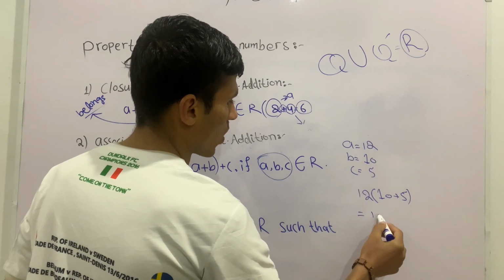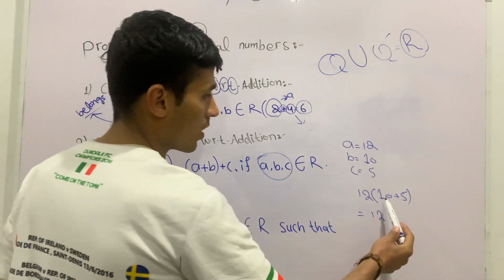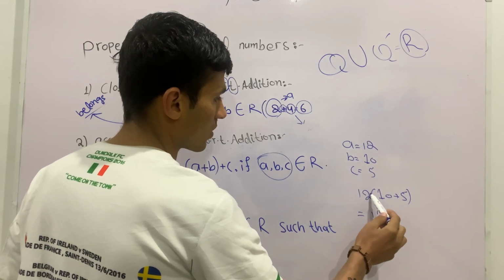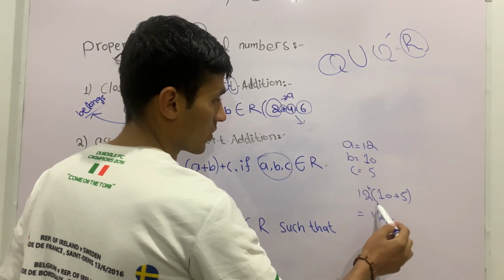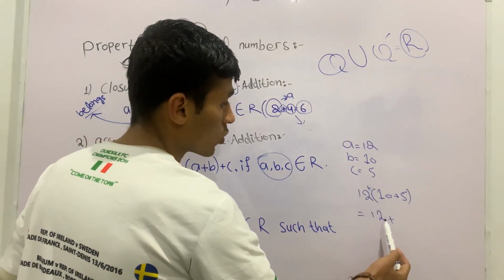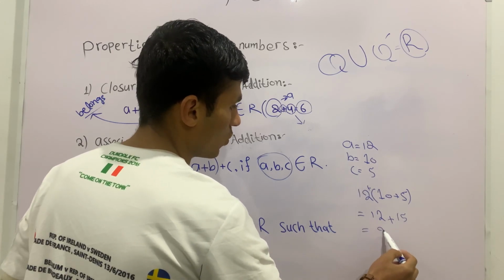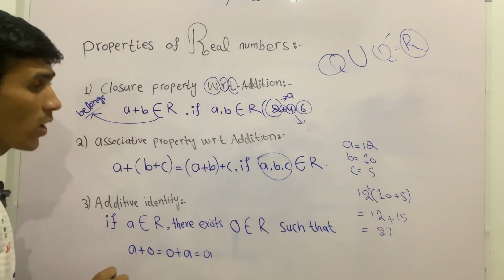First, we're going to solve for the parentheses, okay? We have an addition symbol here, otherwise it would be multiplied over it. 12 plus 15 equals 27.